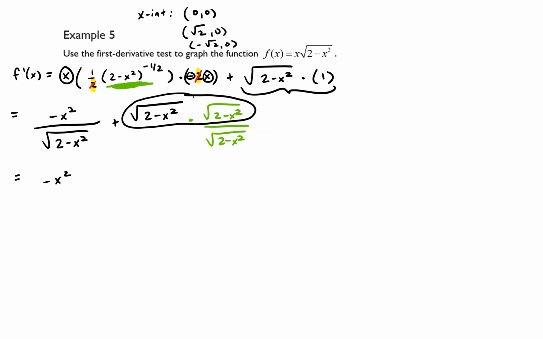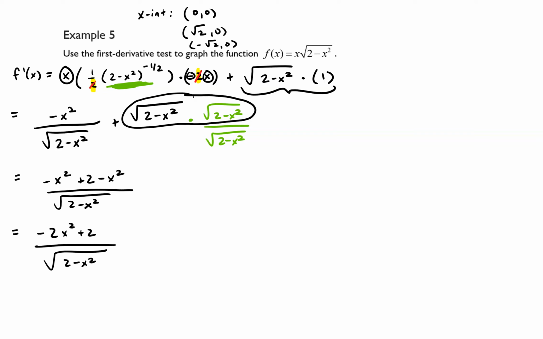So if you square that, the square root symbol is going to disappear, and we'll get plus 2 minus x squared over the square root of 2 minus x squared. And if we simplify that, we get negative 2x squared plus 2 over the square root of 2 minus x squared. So we've gone ahead and simplified our first derivative, and now we want to set it equal to 0.